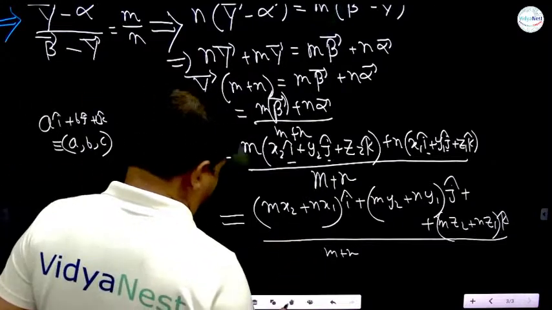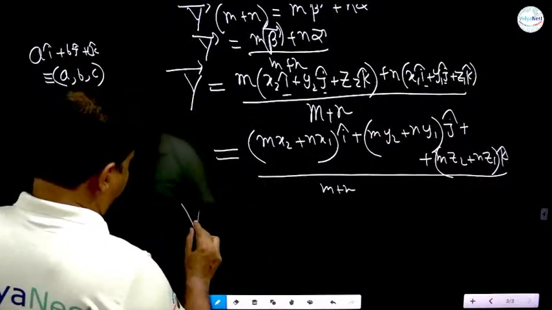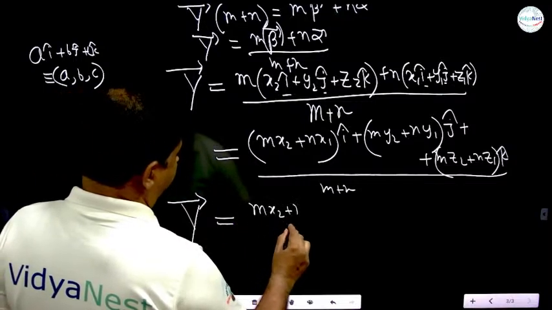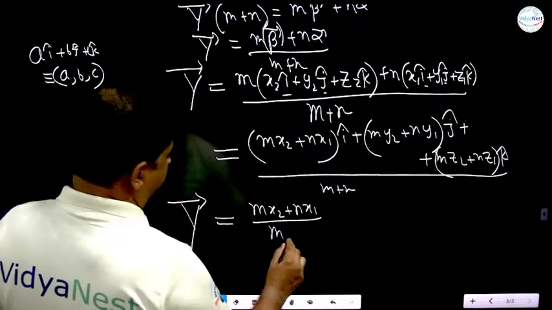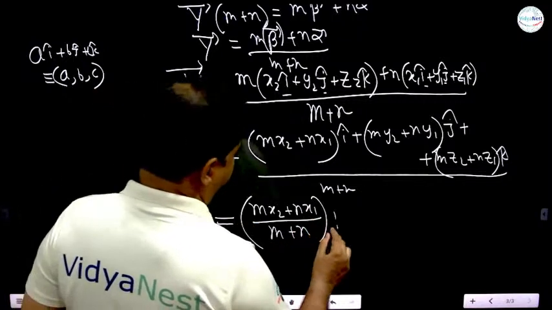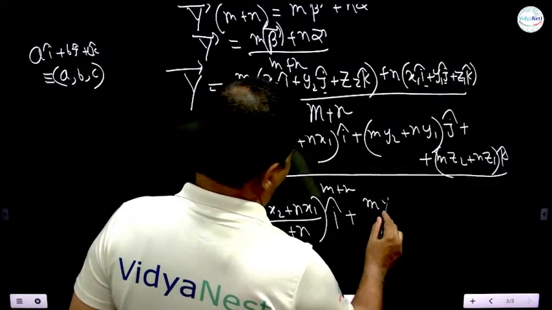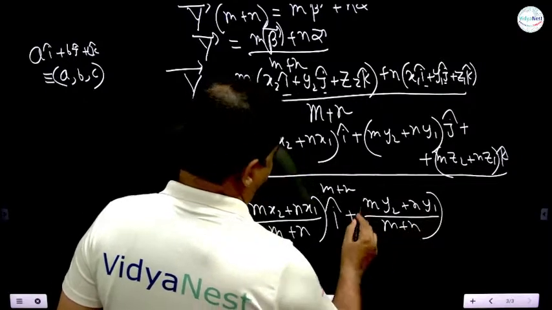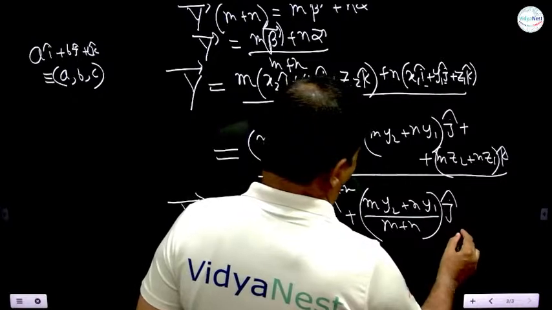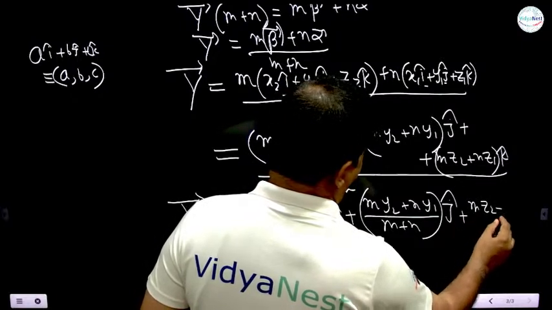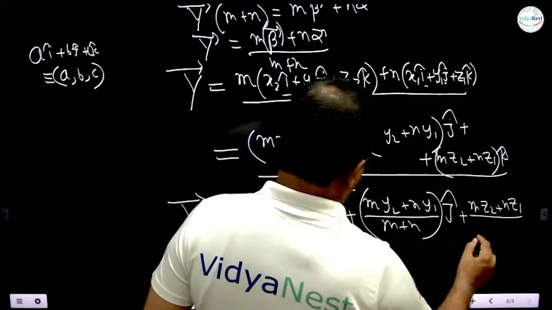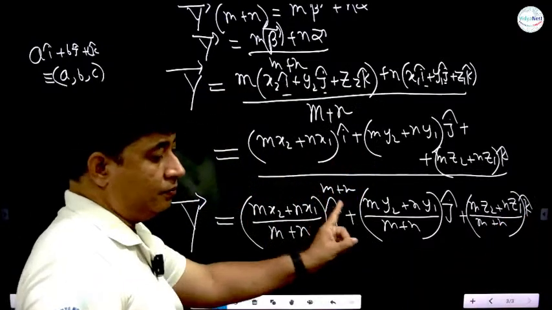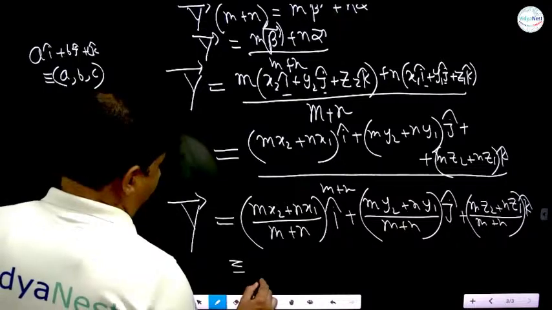So here also you see, ai bj ck can be expressed by coordinates.